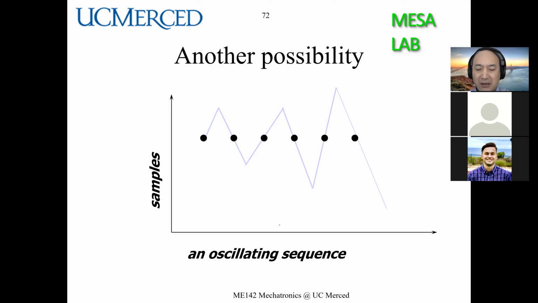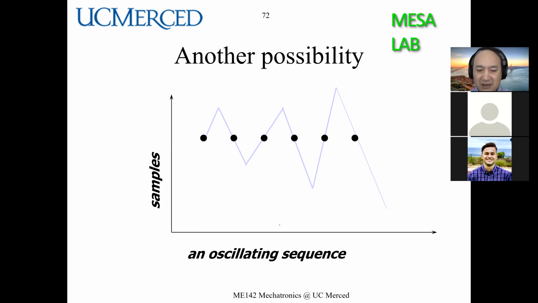So behind this sampled sequence, the continuous signal could be otherwise. How can we uniquely tell this is the continuous function?